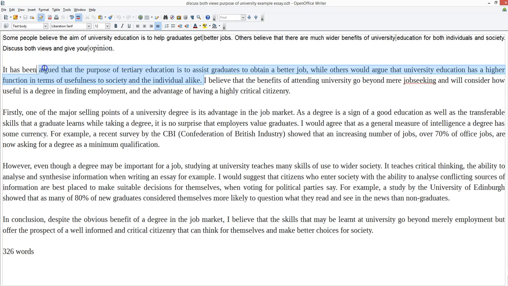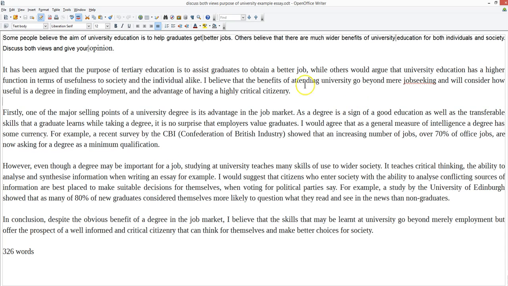So sentence one, simply paraphrase. Clearly state your opinion, okay, and signpost in your outline what your two main ideas are. The benefits of attending go beyond mere job seeking.